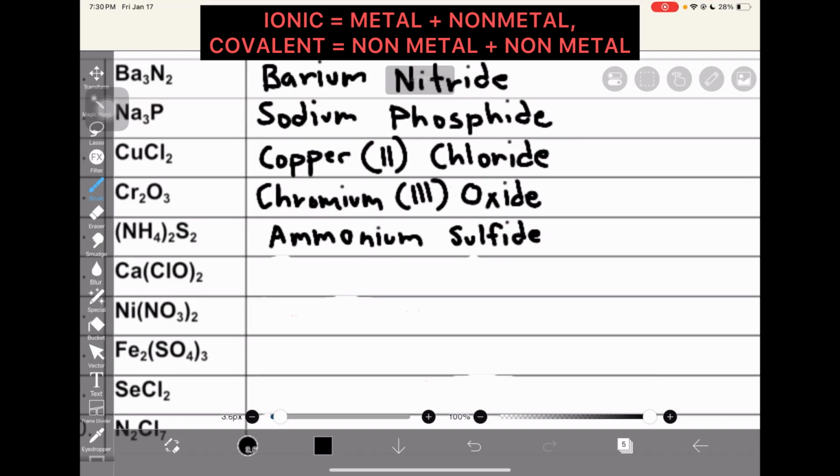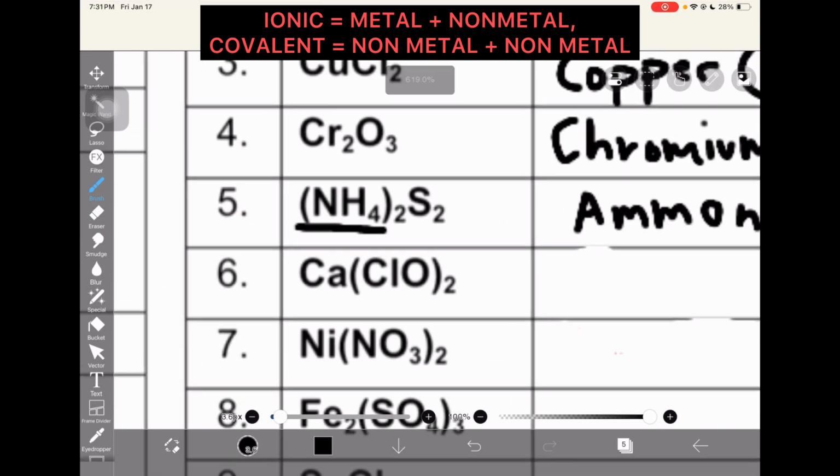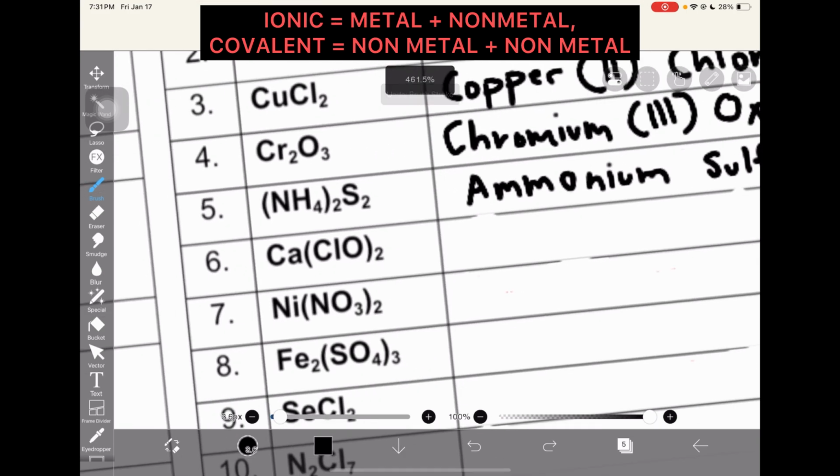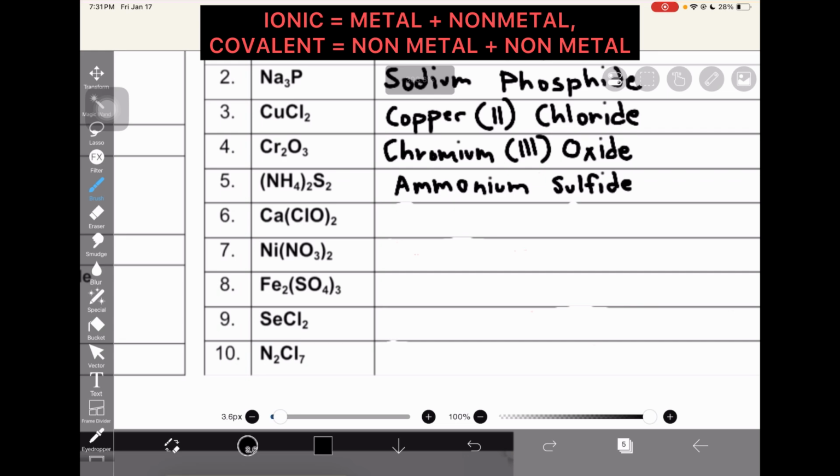Not really sure how that works, but the answer key does say that. So if we're dealing with a polyatomic ion plus a non-metal, that's the case here, I guess. We only use prefixes in the truly covalent bonds.